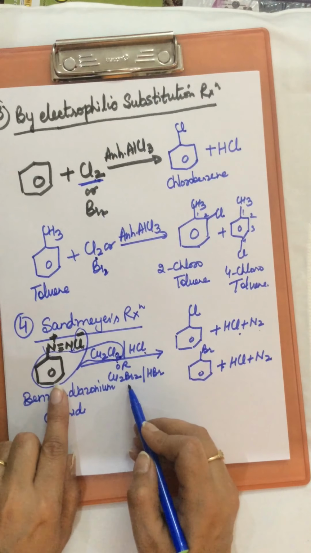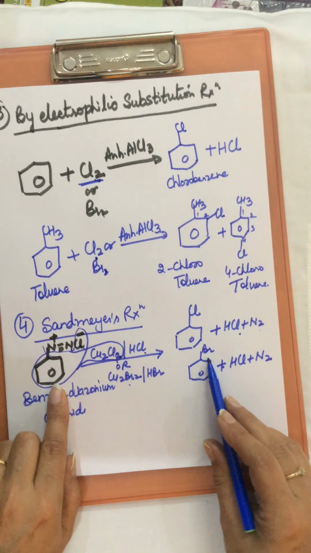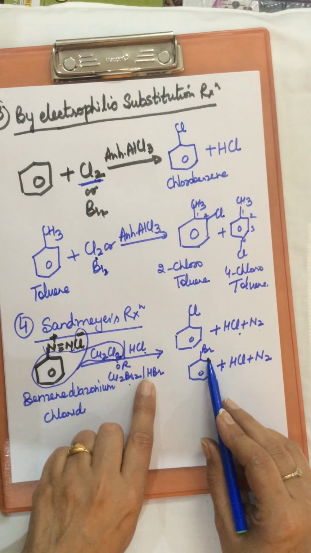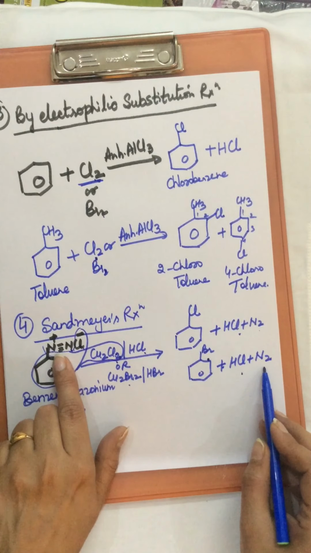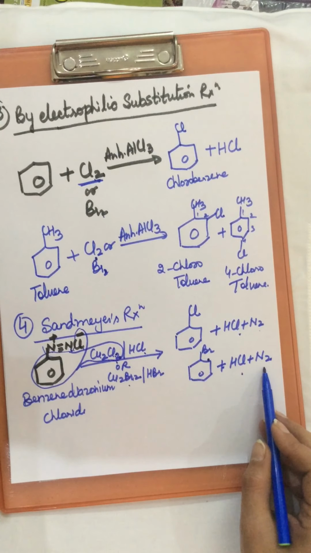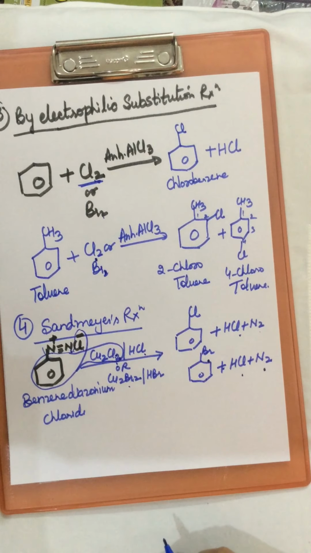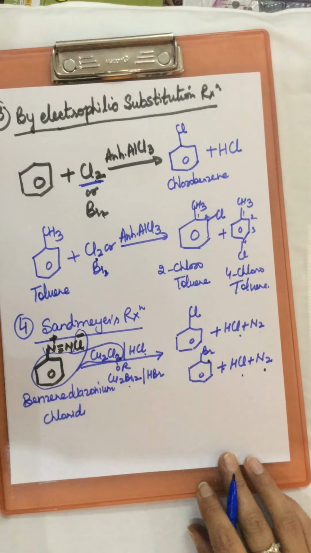Similarly, if we're taking Cu2Br2, Br will come here. So we're getting bromobenzene. And the Cl that comes out will link with this H and forms HCl and nitrogen as a byproduct. So either we can get chlorobenzene or we can get bromobenzene in this reaction. This reaction is called Sandmeyer's reaction.